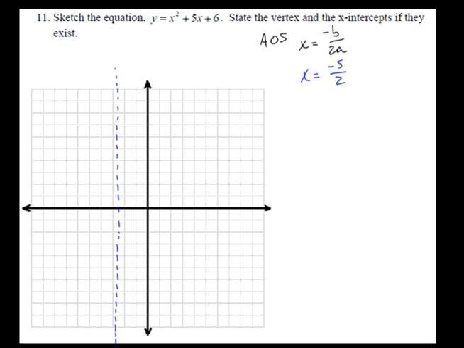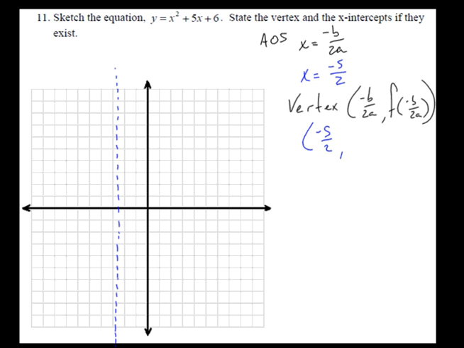I now plug that back in to find my vertex. The vertex is going to be the opposite of b over 2a, and then f of the opposite of b over 2a. So I already know that the first part of my point is negative 5 over 2.